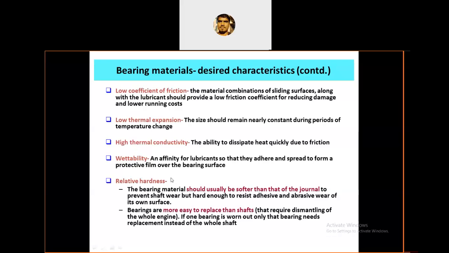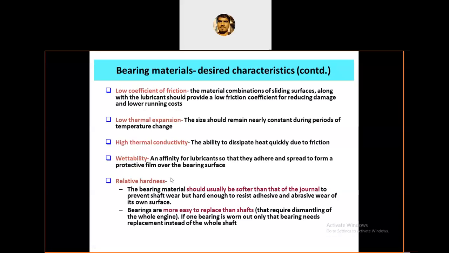Hardness we already know. What is meant by hardness? Hardness is a property of a material which is resistance against scratches or indentations. Here, if two surfaces are operating, the lubricant may have some contamination or dirt particles. Because of the load, those foreign particles may rub against the surfaces.